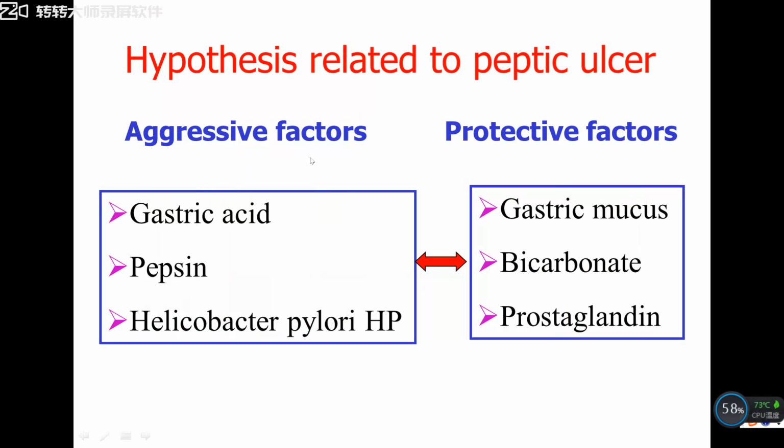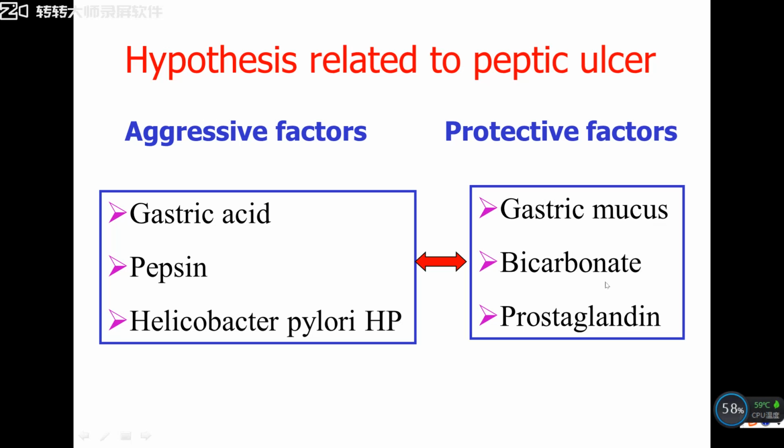Some factors can induce gastric ulcer. For example, increased gastric acid or increased pepsin, or more than 90% of patients infected with HP, Helicobacter pylori. In fact, this bacteria induces ulcer. And our body has some protective factors against gastric ulcer, such as gastric mucosa and bicarbonate.